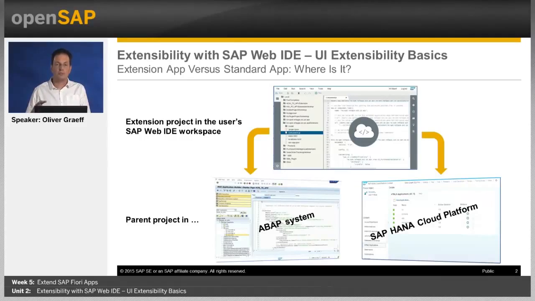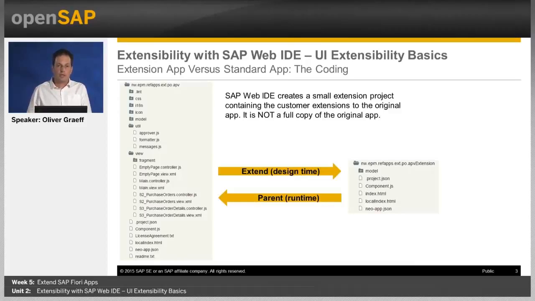And that application remains untouched. We do not modify that. And when we create an extension project for that, that is being created in the SAP Web IDE workspace. And once you run the application, of course, it's pulling the original application from either the ABAP system or HANA Cloud Platform and adds the extensions on top.